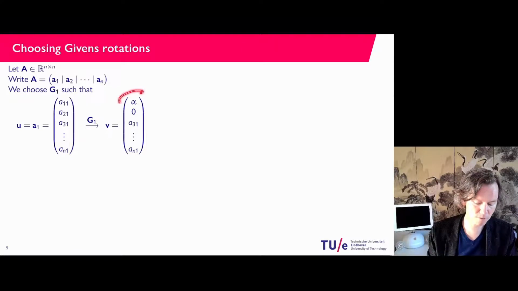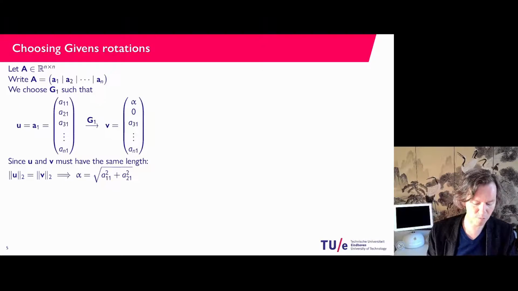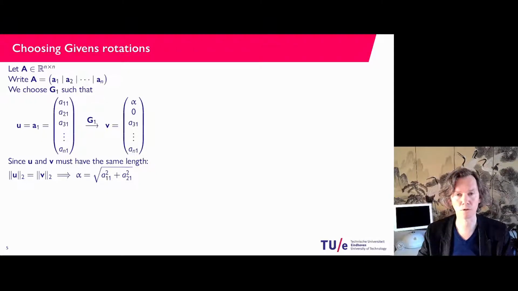So that means that if I make this one 0, that bit of length needs to go somewhere, so I add that here to the diagonal entry, and that's going to become alpha. So the requirement that they have the same length gives that alpha should be the square root of A11 squared plus A21 squared.